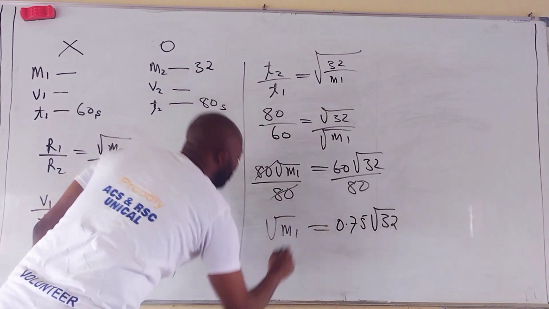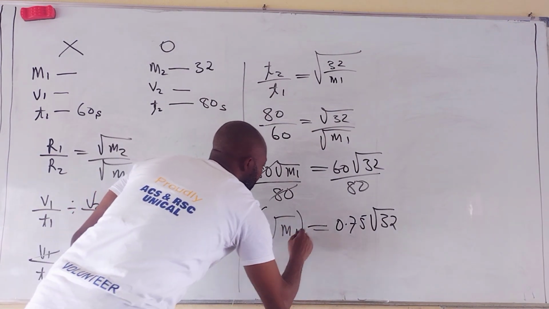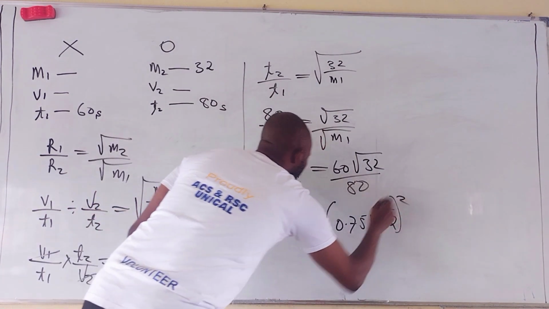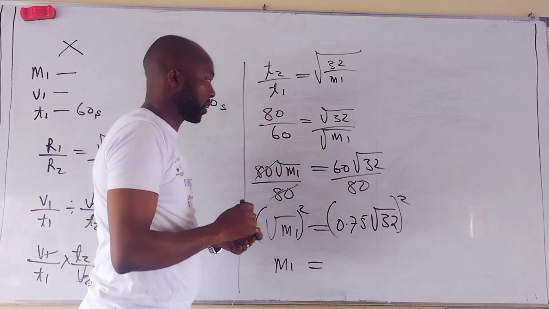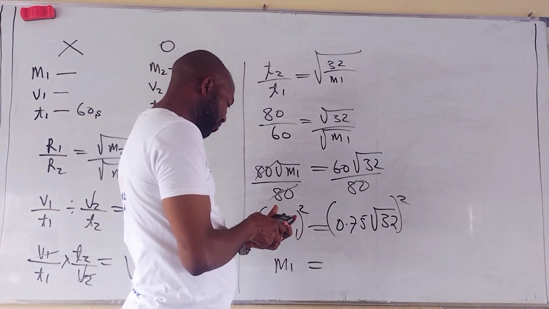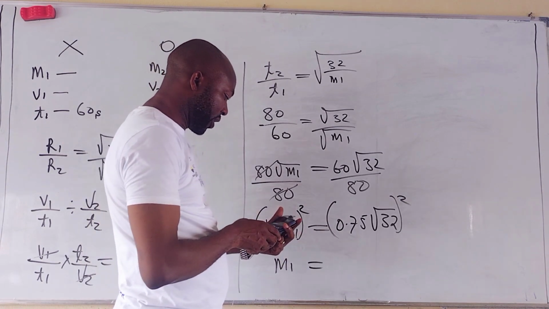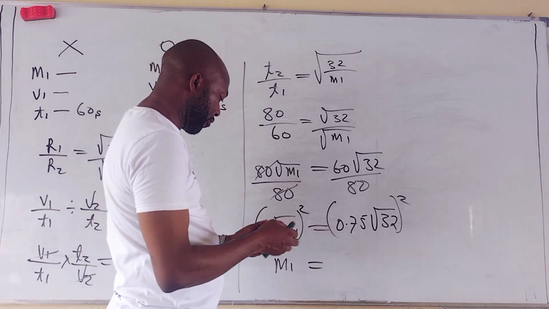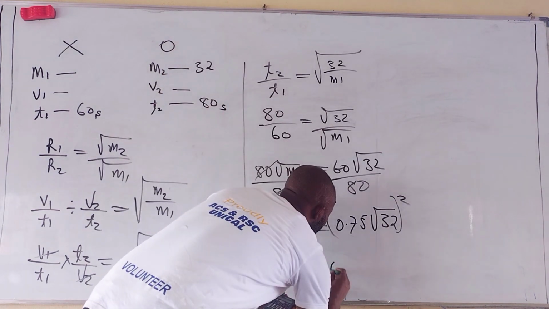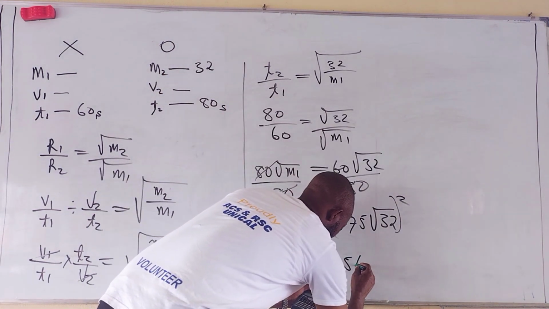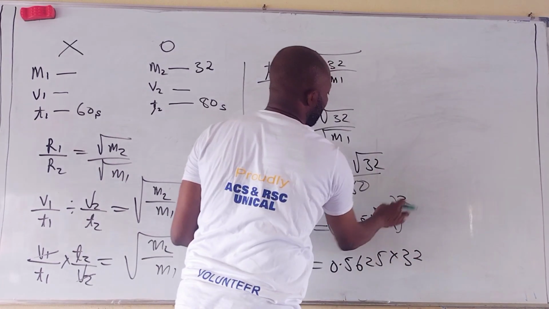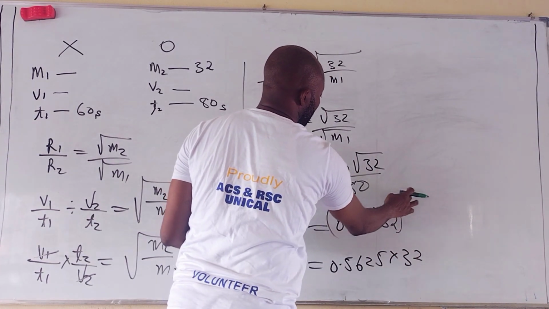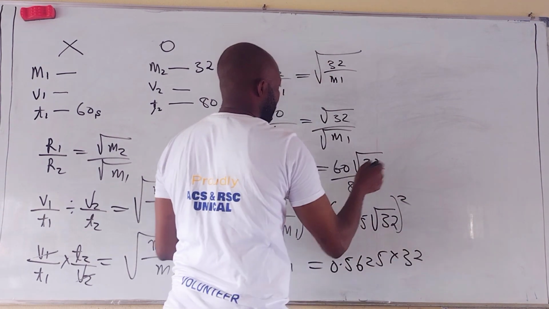To remove these roots, I square both sides. So I have my M1 is equal to 0.75 squared, which gives me 0.5625, times 32, because the square of the root of 32 is 32.